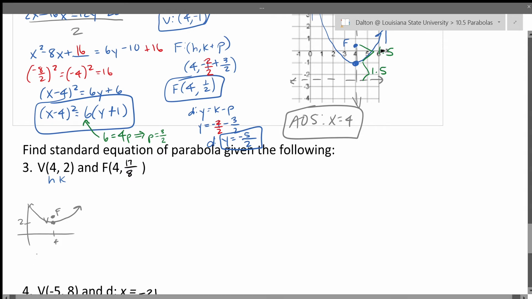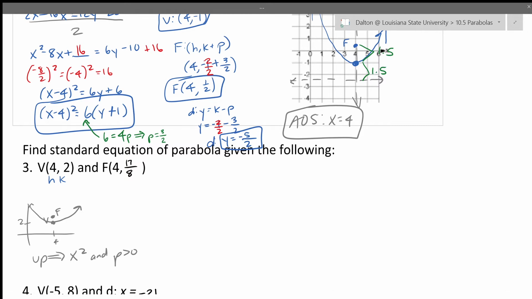So if this opens up, then that implies that our x is going to be the squared term. So that implies that we have an x squared, and since it opens up, that also must mean that our p must be greater than 0. And that's all we have to find is p.